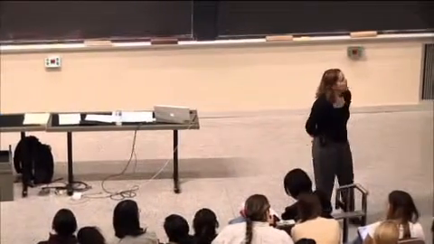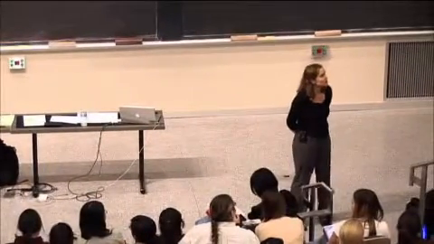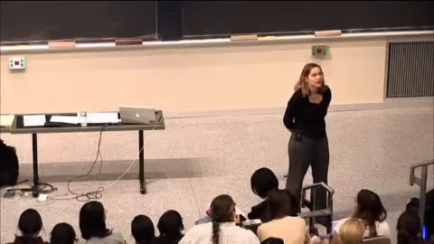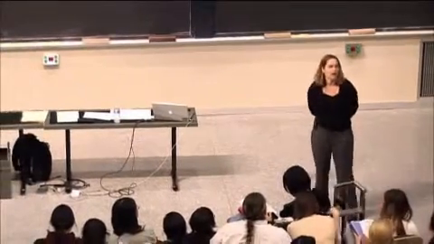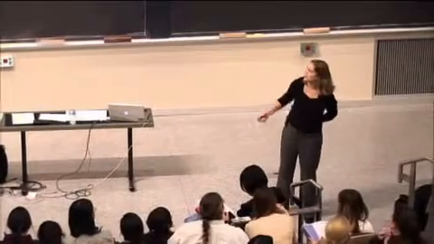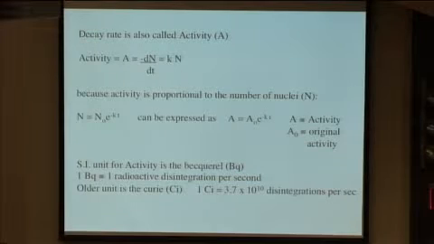At first we had the Curie, but that turned out to be a really big number. When you were talking about safe units for workers to be exposed to, being exposed to things at 10 to the 10th really isn't very healthy. So they wanted a much smaller unit.